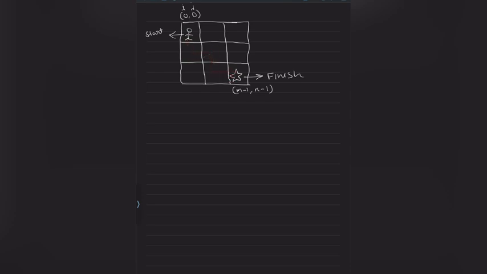Now, whenever we need to return the total number of paths, we need to explore all the paths. So whenever this situation arises where you need to explore all the paths, we use recursion.